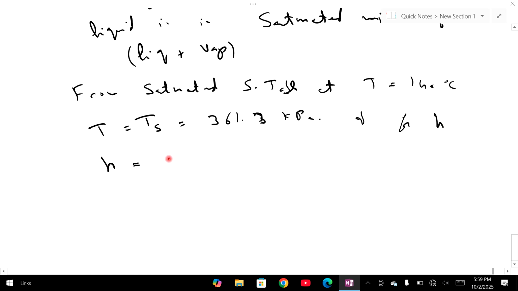And for H, the formula in the mixed region is H equals Hf plus X times (Hg minus Hf).